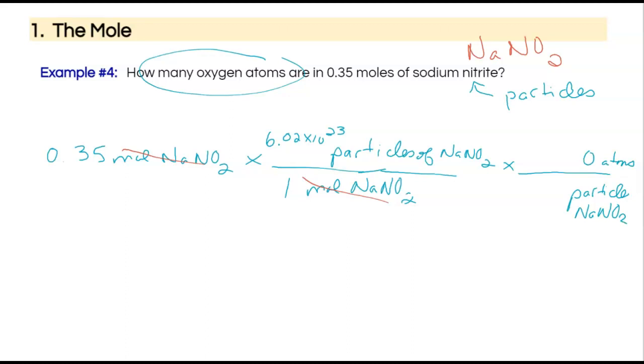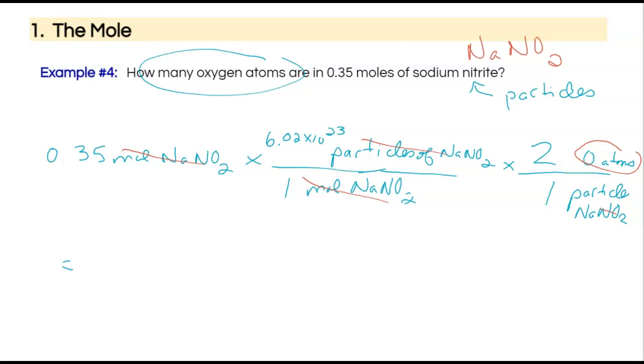In positioning my particles in that way, I have canceled out that unit, and the unit that will remain will be O atoms. The last thing I need to figure out is the relationship between particles and O atoms. For every 1 particle of NaNO2, there are 2 oxygen atoms. Now all I need to do is multiply across, divide out, and end up with my answer.